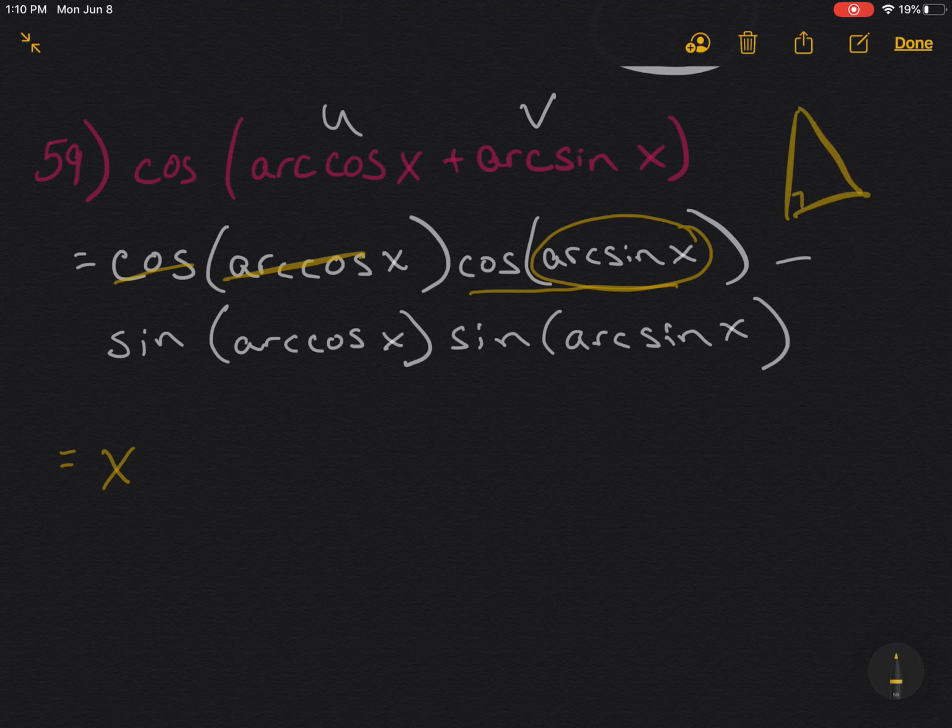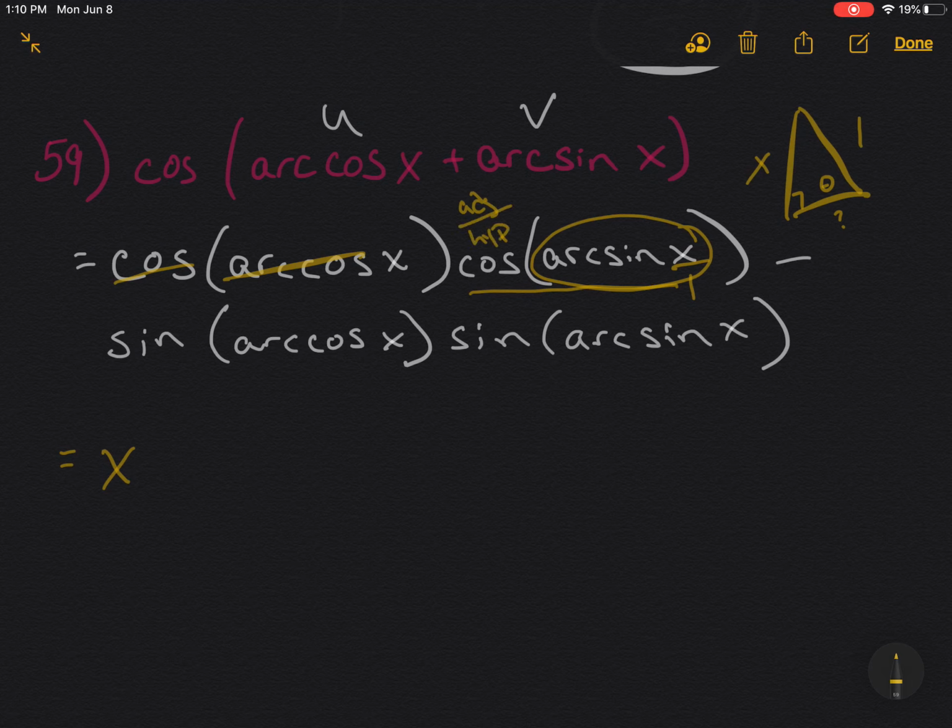I really don't think that's much better, but work with me here. So here's an angle, so sine is opposite over hypotenuse, so x over 1, because technically this is over 1. So now I'm going to use my Pythagorean theorem to find out what this adjacent side is, because cosine is adjacent over hypotenuse.